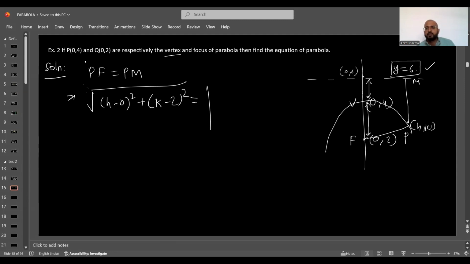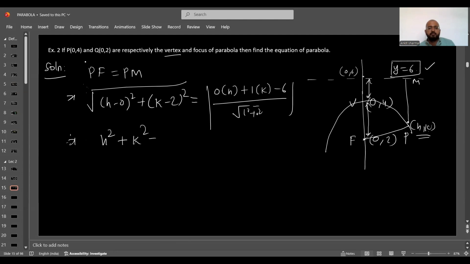Again, same story. You want its distance from here. So (0 times h plus 1 times k minus 6) upon the square root of 1 square plus 0 square. Now we can square this. So I'll have h square plus k square minus 4k plus 4 equal to (k minus 6) square, which is k square minus 12k plus 36.